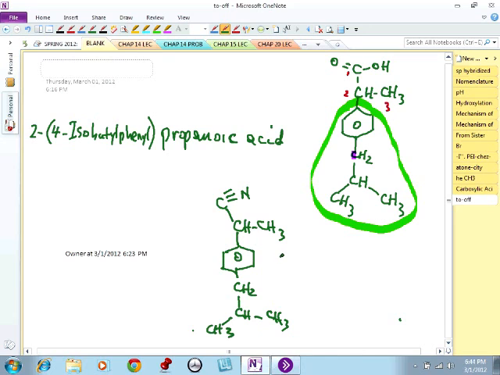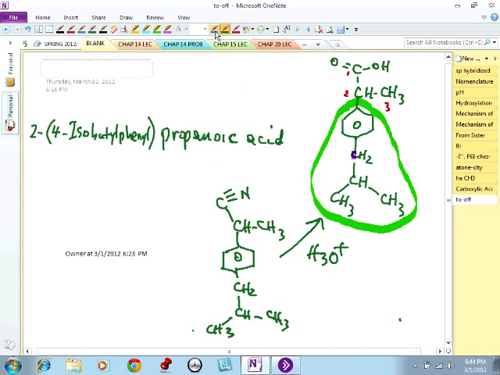Keep in mind, we go from here to here by hydrolysis. That is how we got that. Supposing I tell you to name this, that will take us through the nomenclature of nitrile, because this is a nitrile.